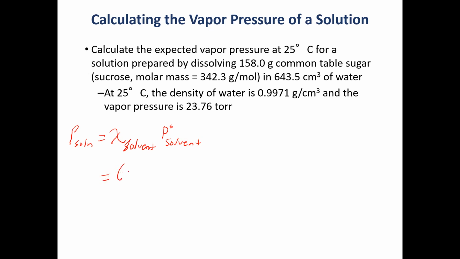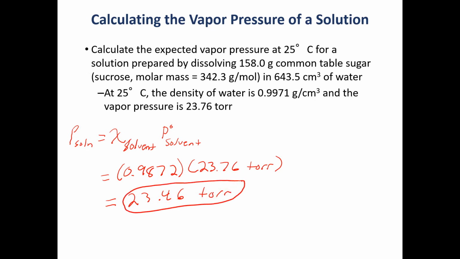So we calculated that the mole fraction of water was 0.9872, and we multiply that by the vapor pressure of water. If we multiply this out, we come out with 23.46 torr for the expected vapor pressure of water once we dissolve sugar in it.